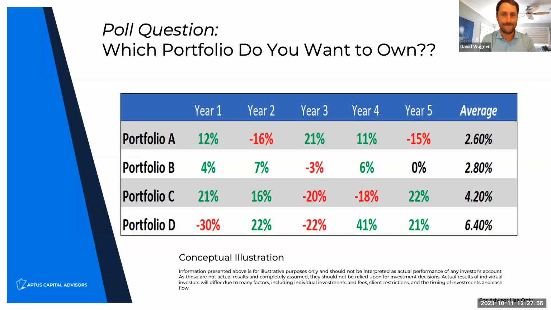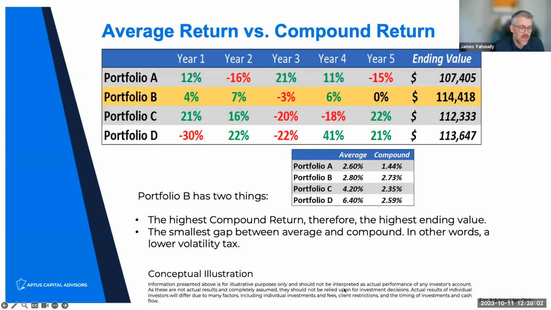D usually is the answer we see. The right answer is actually B. The biggest thing I'll mention here, and I'll let Dave expand on it, is you can see the average portfolio returns, which we of course gave you on the last slide, and the compounded returns right next to it.